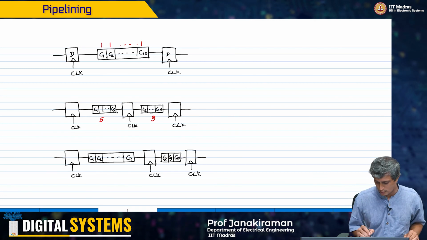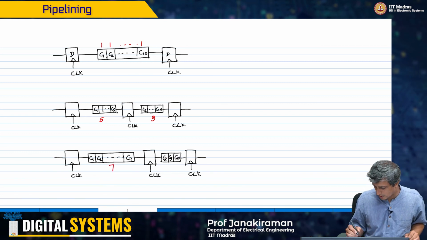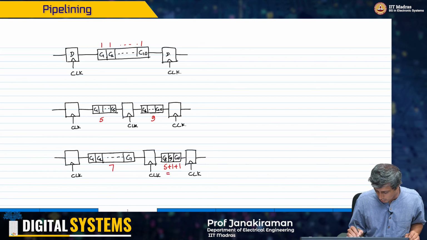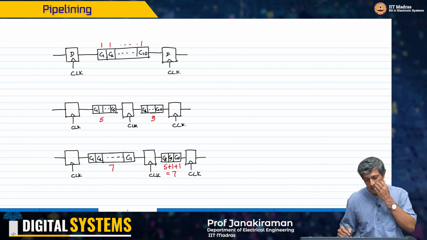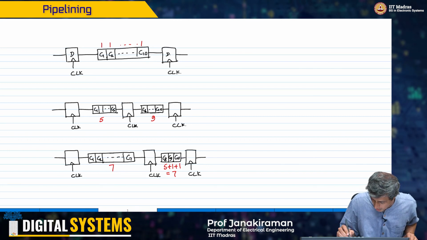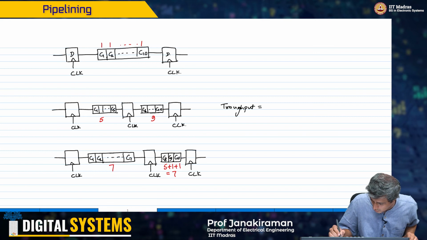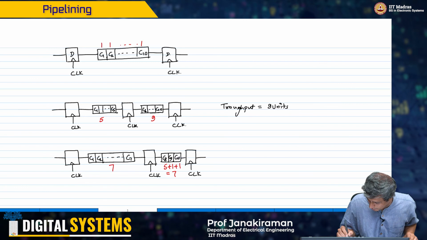So the delay here now is 7 units, and this is 5 plus 1 plus 1, which is also 7 units, and therefore there is an equal delay. So the throughput here is 7 units, whereas before it was equal to 9 units.